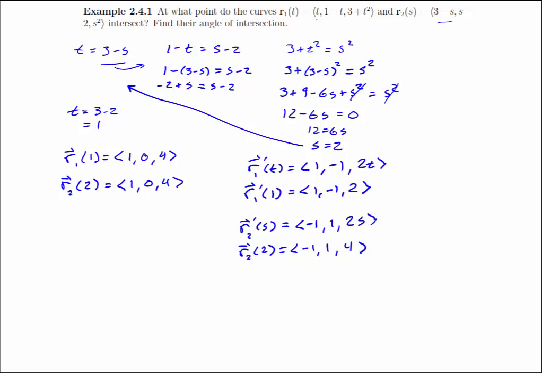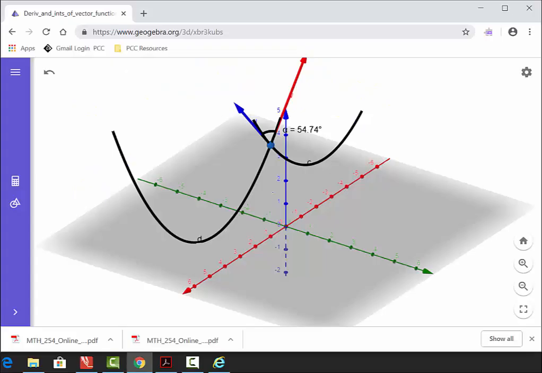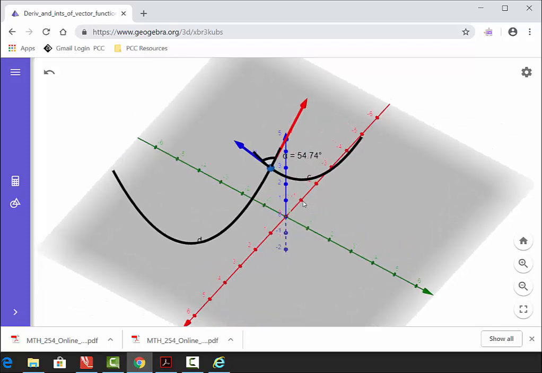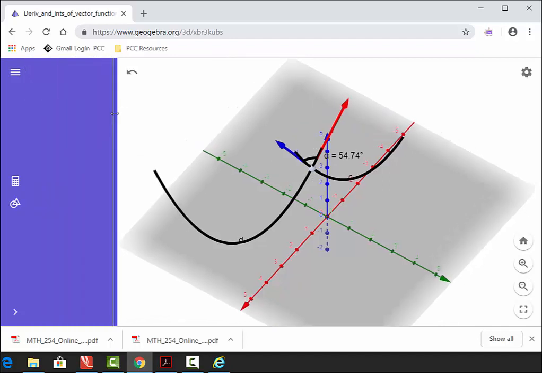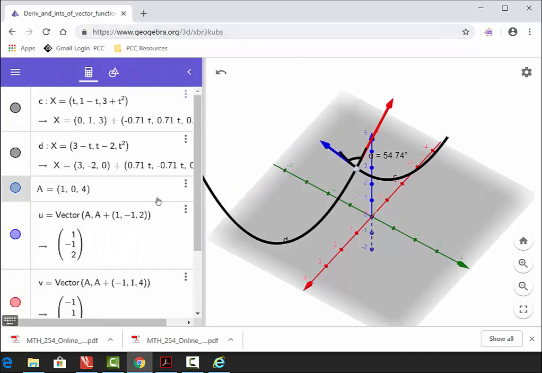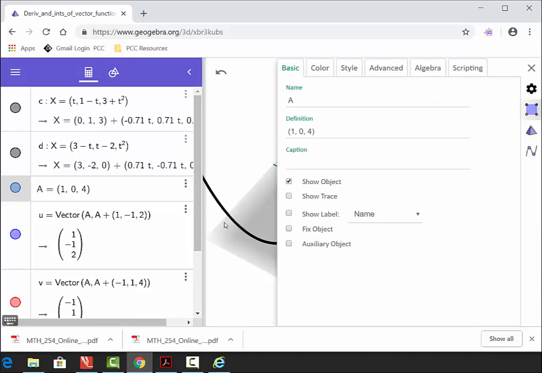Okay, so if I switch over, if I click on the link at the bottom of the page, we should get this pulled up. So we have the two space curves. We can see that they are at this location. Let me pull this back out. There we go. I want to show that point, show its value.